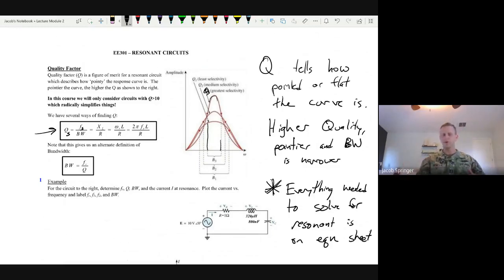There's no other extra terms like in Thevenin where we need to think about processes. Everything that I need to know is on the equation sheet, as long as I can remember that the resonant frequency is, whenever I'm choosing amongst all the frequencies, which one's the best for this circuit, to minimize the Z and maximize the I.